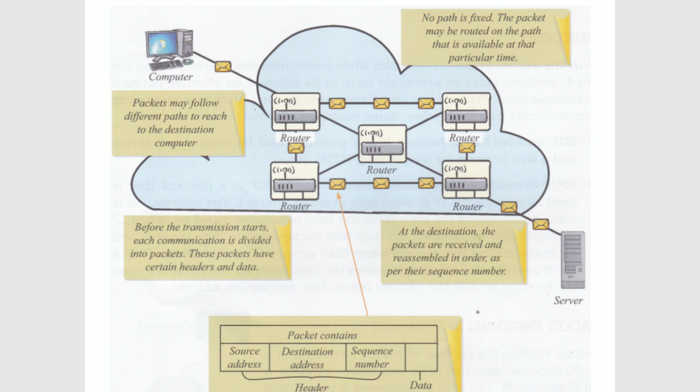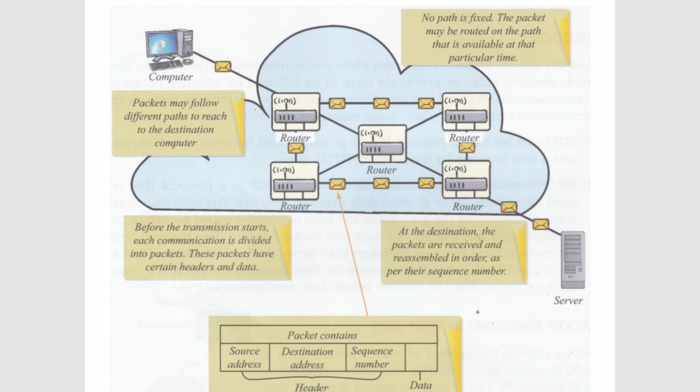As each packet travels through different routers, whichever path is efficient, packets may follow different paths to reach the destination computer.